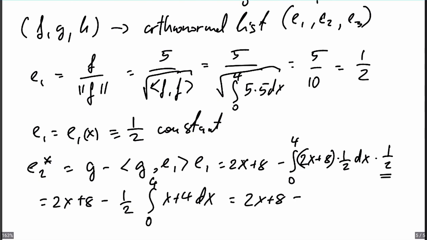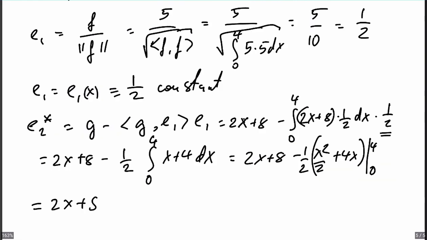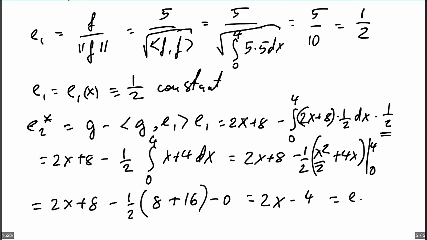The integral of x plus 4 is x squared over 2 plus 4x from 0 to 4. So 1/2 times 16 over 2 is 8 plus 16, and at 0 it's 0. So this is 2x plus 8 minus 12, so 2x minus 4. This is the unscaled version.